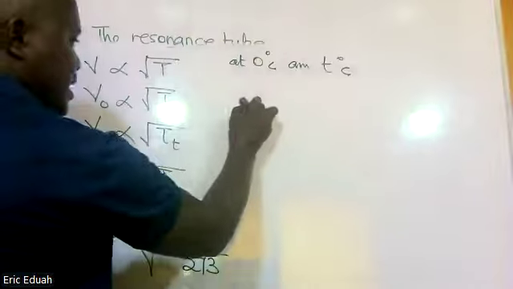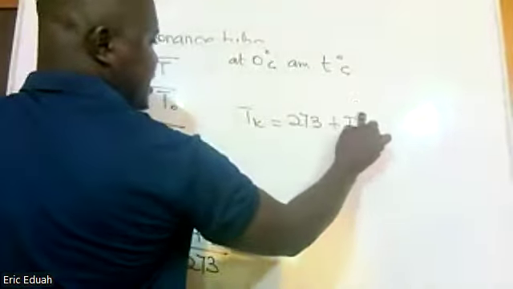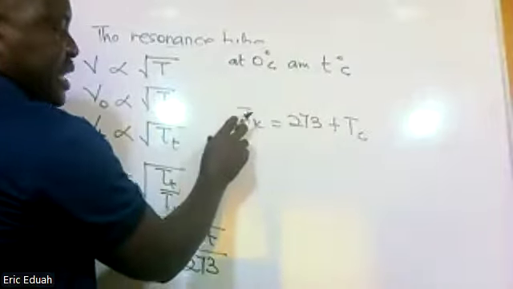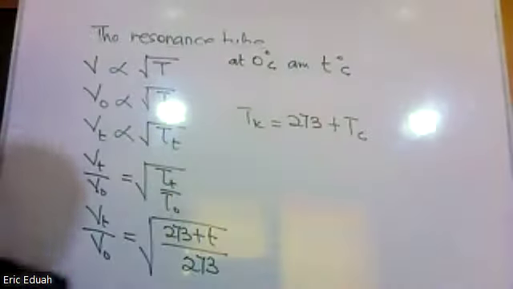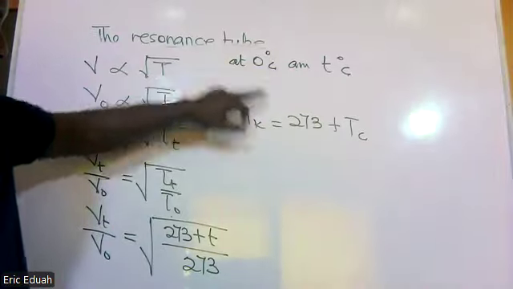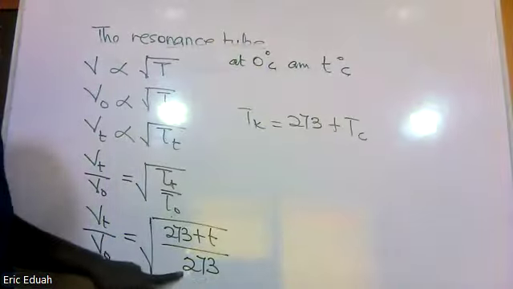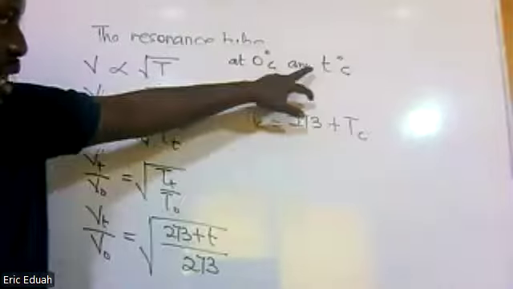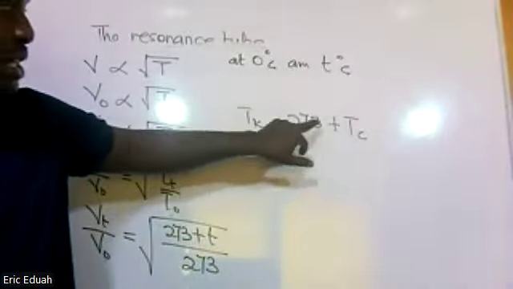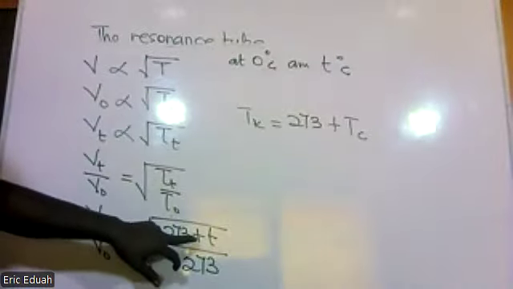Now therefore, TK is equal to 273 plus TC. This is the equation that is used to convert temperature in degrees Celsius to Kelvin. So if I have a temperature of 0 degrees Celsius, I want to convert it to Kelvin, this is TC equals 0. That's why I'm left with this. And then if I have temperature small t in degrees Celsius and I want to convert it to Kelvin, it is 273 plus that temperature. So that's why I have 273 plus t.